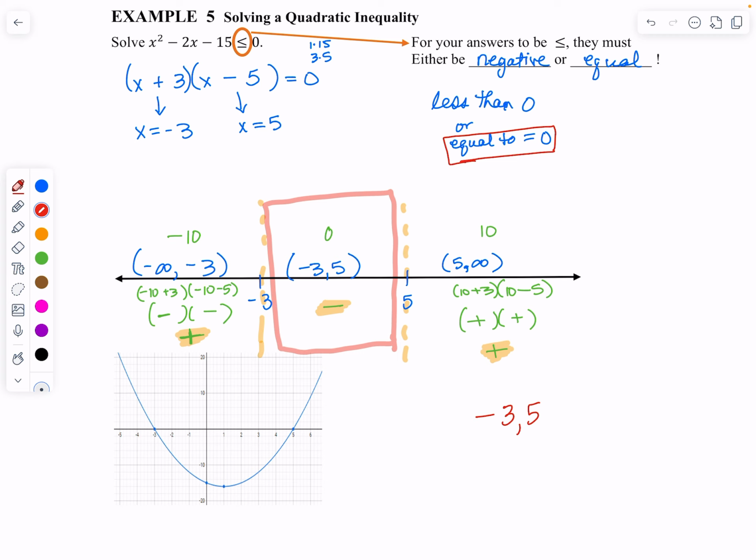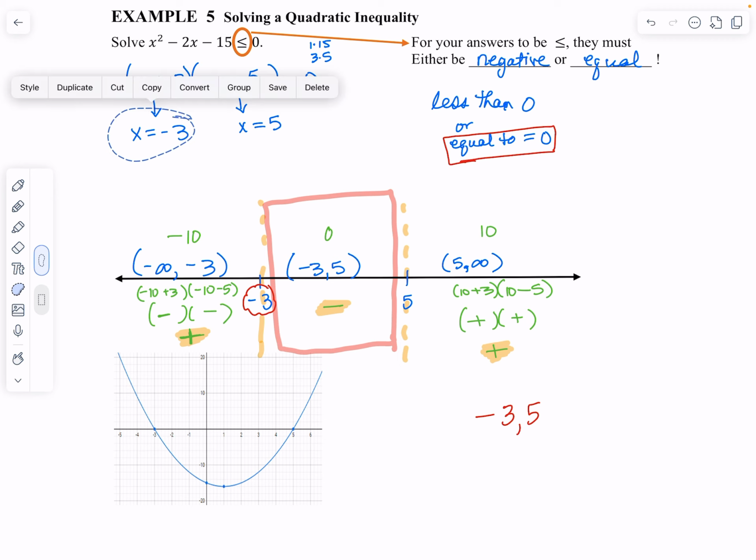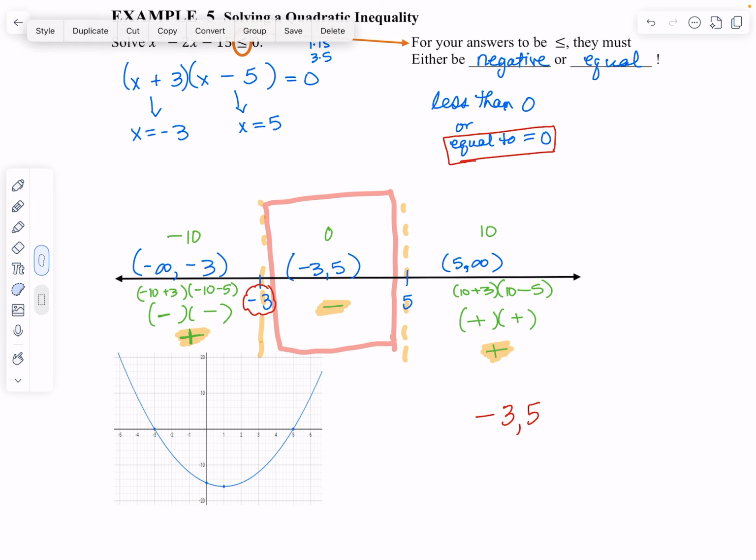Now if I plug in a negative 3 into either the top, the first one, x squared minus 2x minus 15, that's going to give me a 0. I know that because I solved it to give me a 0, right? Or I could plug it into this part, and notice when I plug it in, the first one, I get a 0. So negative 3 works. It gives me or equal to 0. So that is included.